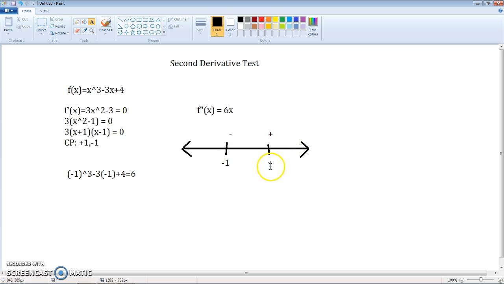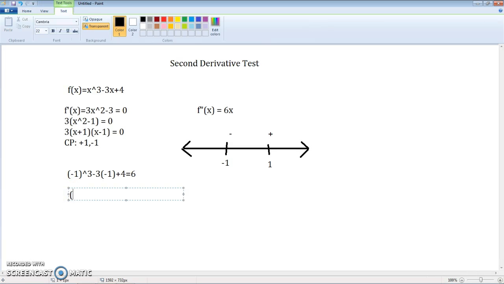And we could also do that for the other one, since we know that this is going to be concave up, kind of like a valley, so it's going to be a minimum. So we're going to find the point there. That's going to plug it into the original equation again.